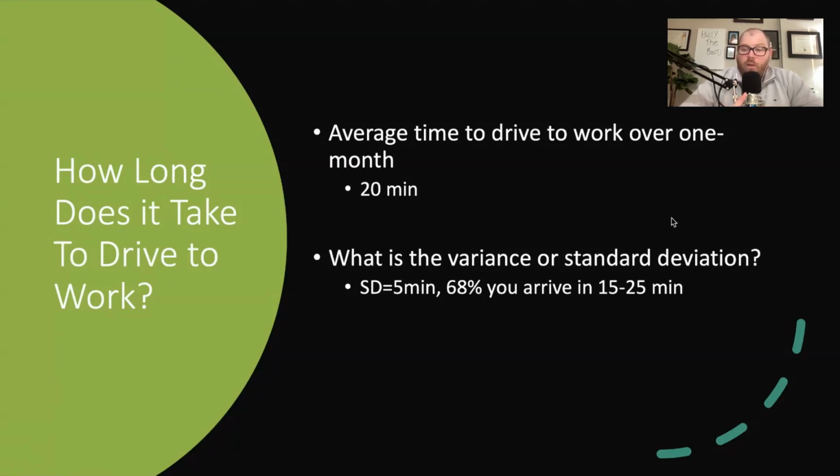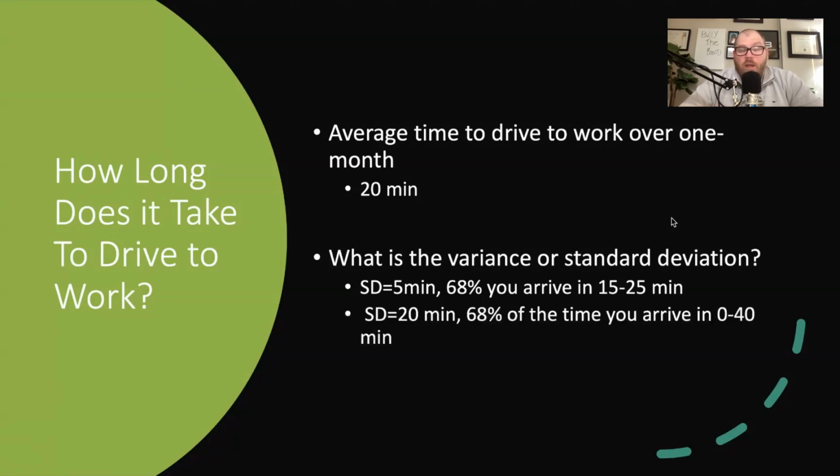But what if there was a different scenario where the average was still 20, but the standard deviation was 20? The interpretation here would be that 68% of the time you arrive between 0 and 40 minutes. And you may think to yourself, well, that's maybe impossible. Well, maybe not. Here's a hypothetical scenario.